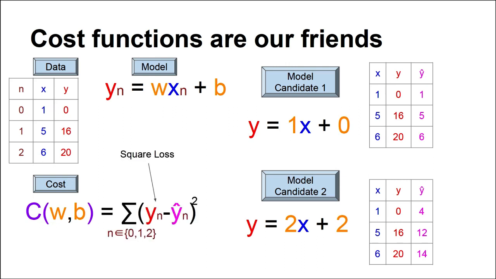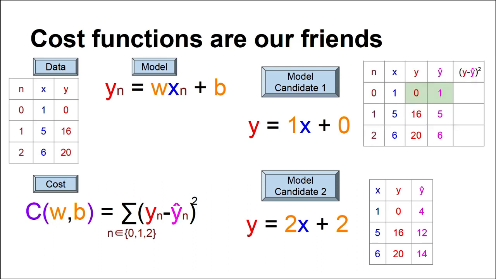One possible cost function is what we call squared loss, and basically we take the actual answer and subtract the answer that the model got, and we square it so that it's always positive. So the higher you get, the more different the answer of your model and the actual answer is.